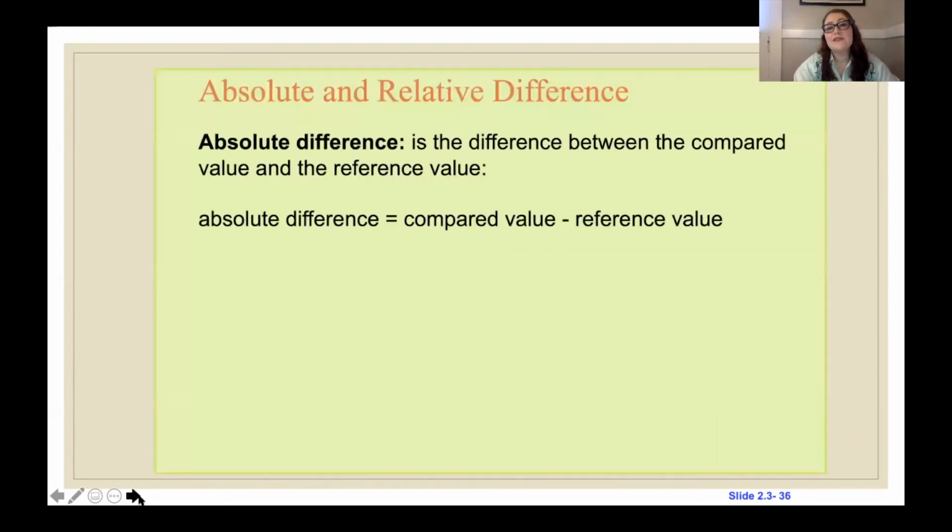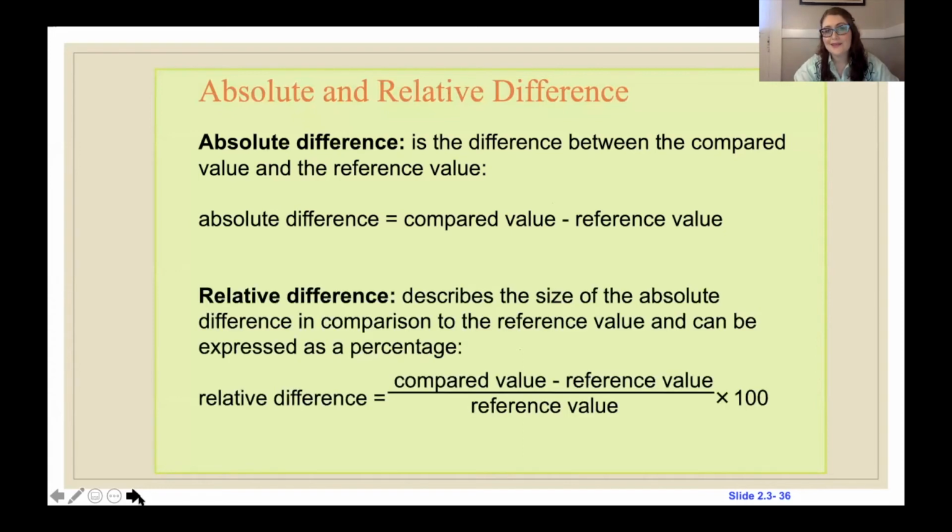So absolute difference is the difference between the compared value and the reference value. This is pretty much the exact same thing as absolute change and relative change. If you look at all the formulas, also for relative error, it's pretty much the same formula. So that might help you remember it for homework and exams and projects.